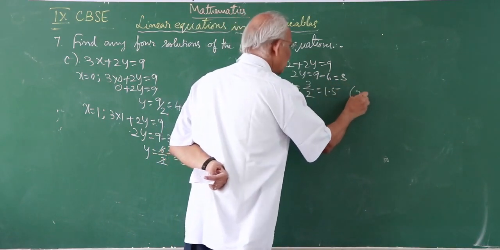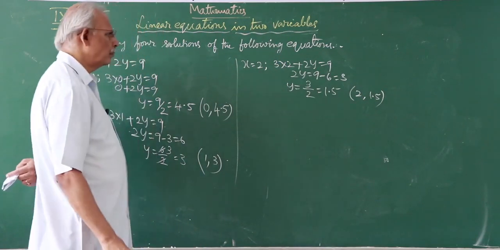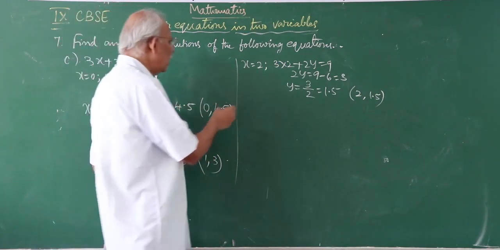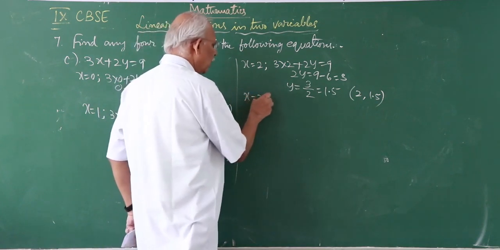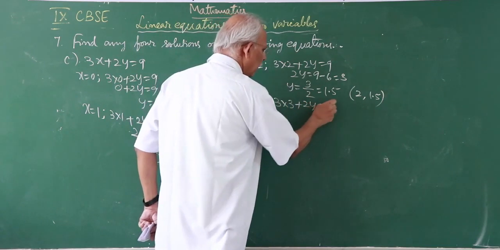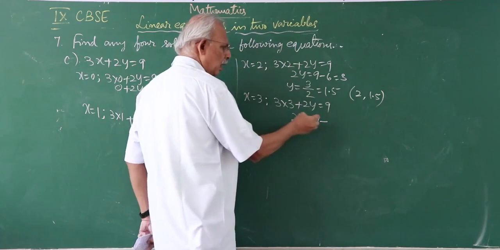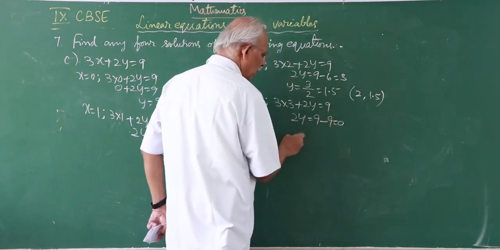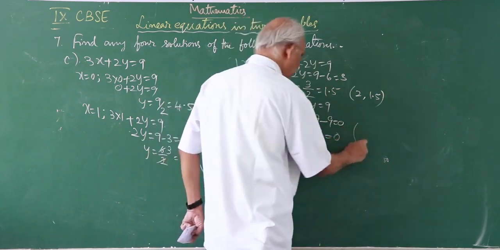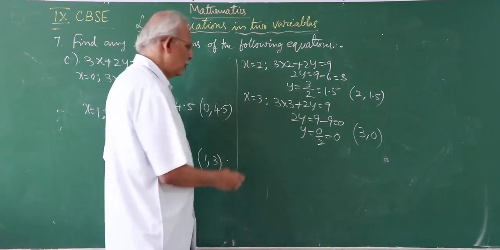So when x is equal to 2, y equals 1.5. So 3 values are there. Now put x equal to 3. 3 into 3 plus 2y equals 9. 2y equals 9 minus 9, 0. So y equals 0 by 2, that is 0. So when x is equal to 3, y is equal to 0.